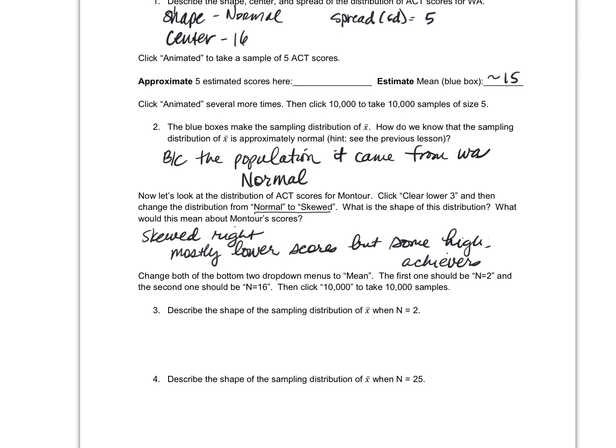All right? Now, I'm going to save us some time, and we're going to do 10,000. Boom. So notice this. What is the shape here when my sample size is 2? It's still skewed right, isn't it? Still skewed right. So it's same as the population.